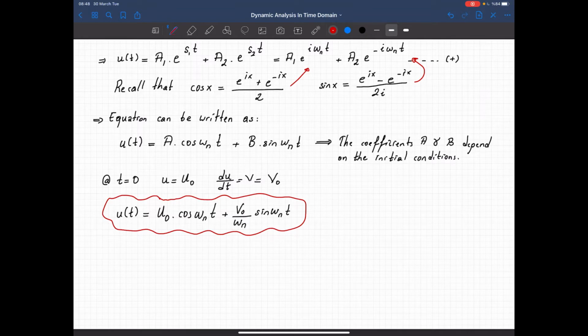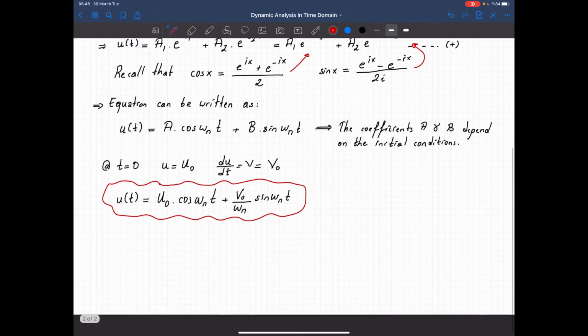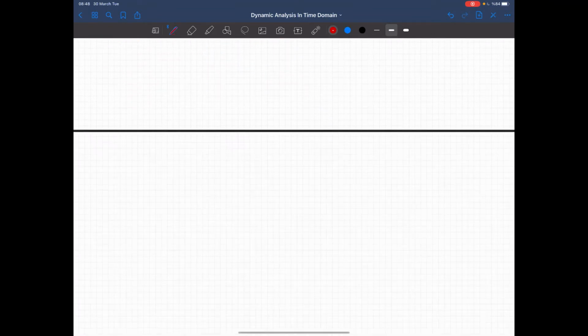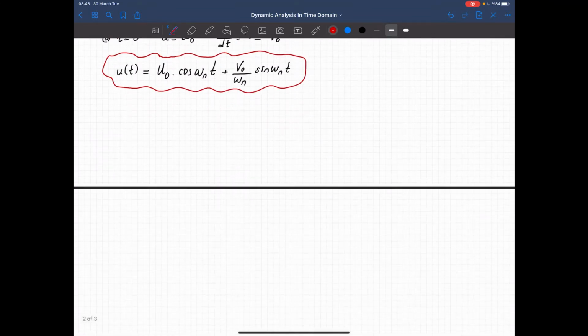Now let's take a look at the case when we have damping. Damped free vibration.